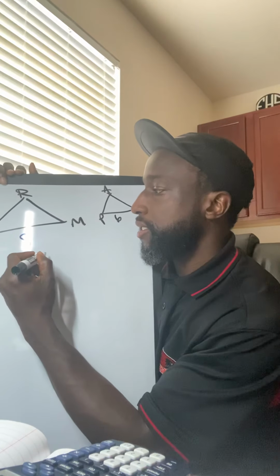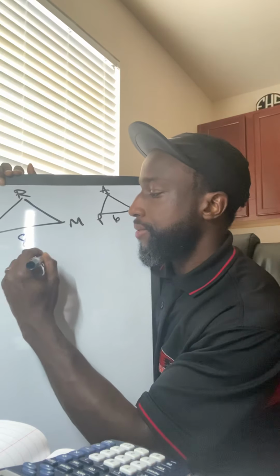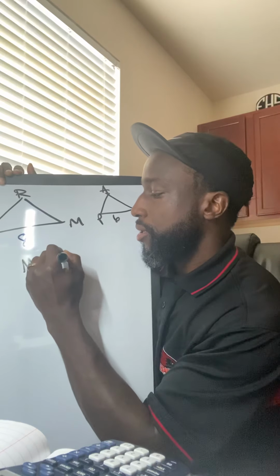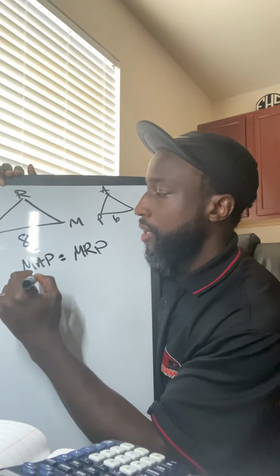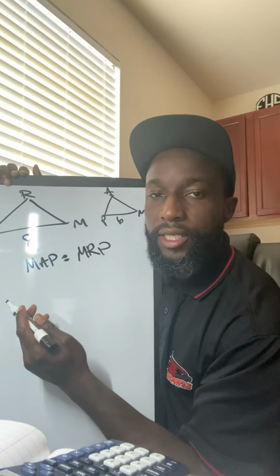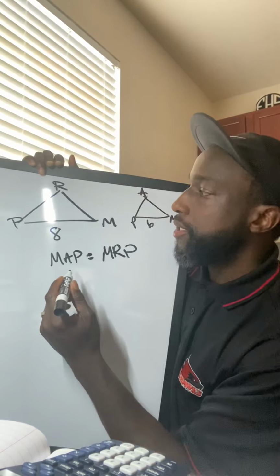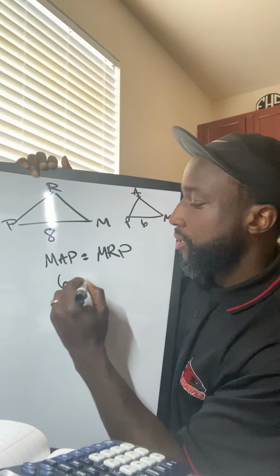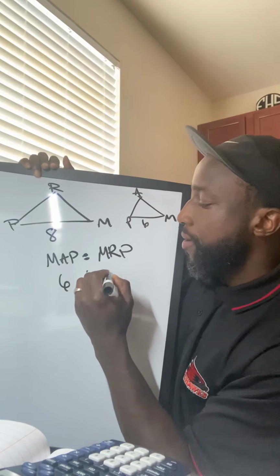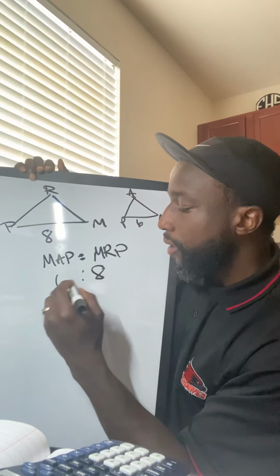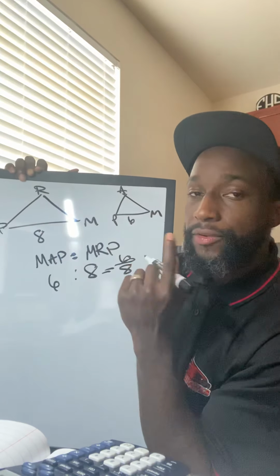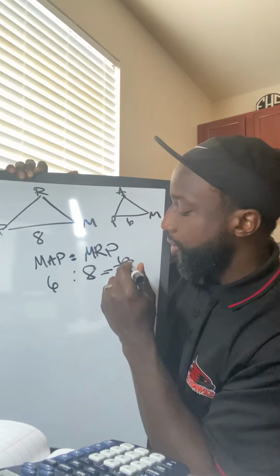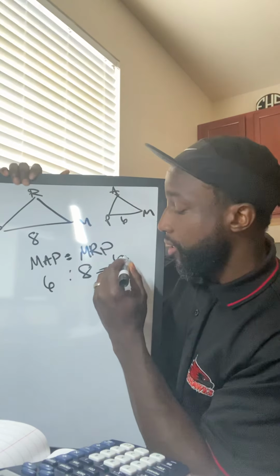So if it says MAP to MRP, you just take one of the sides and then you square it. So the side of MAP is 6, the side of MRP is 8. Okay, and so this is the same as 6 over 8. So before you square for the area, you need to reduce or simplify it.